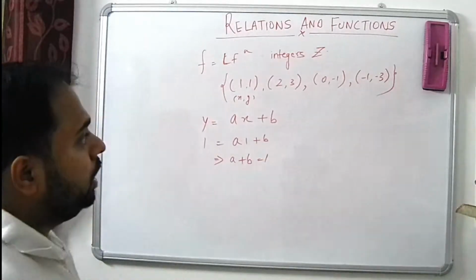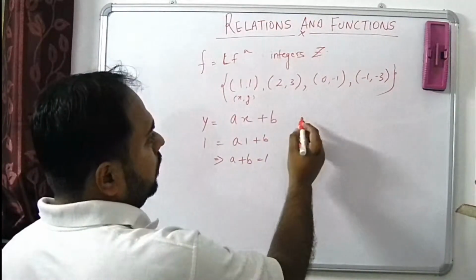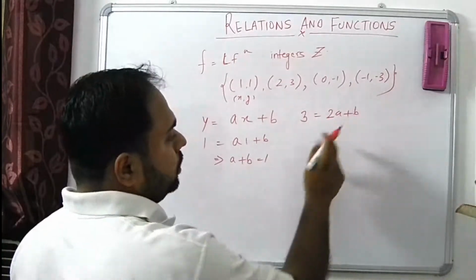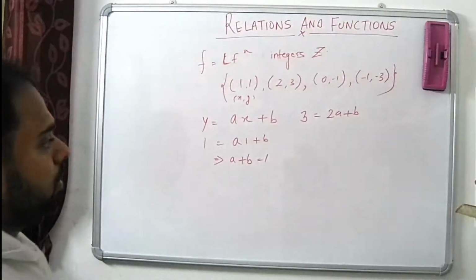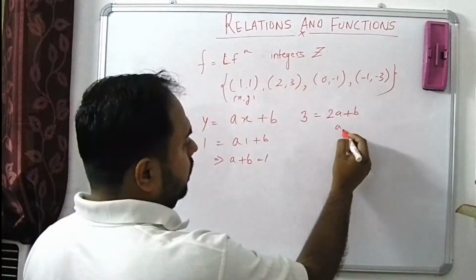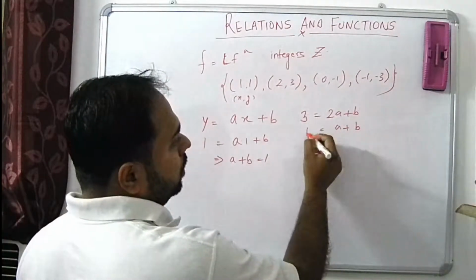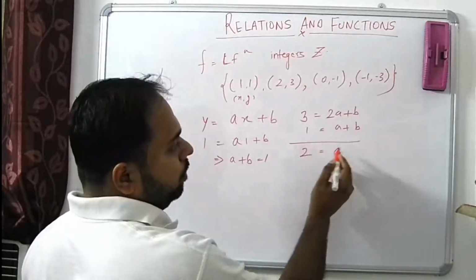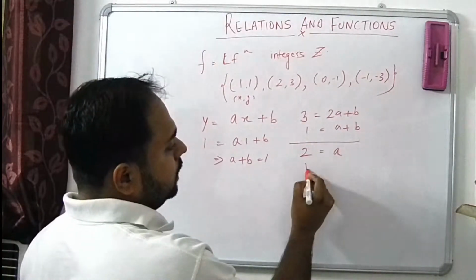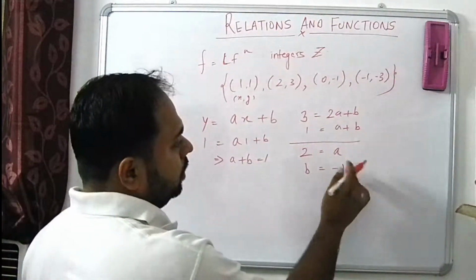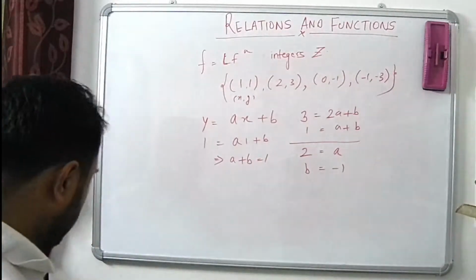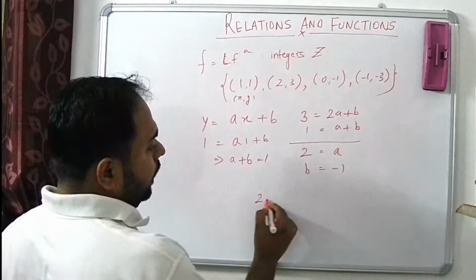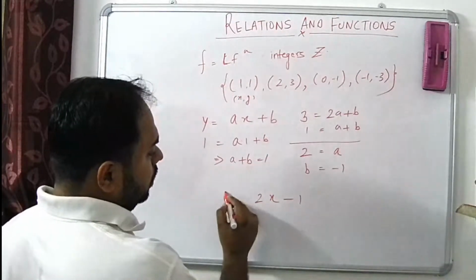That's one equation. If I put in (2, 3), I get 3 = 2a + b. There are two equations. Now simply subtract, and I get a = 2, which implies b = -1. So a is equal to 2 and b is equal to -1, and our linear function is 2x - 1.